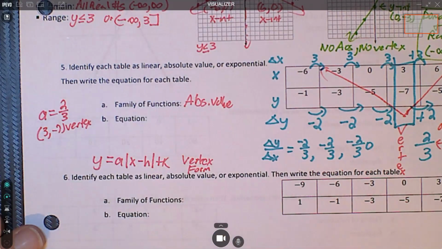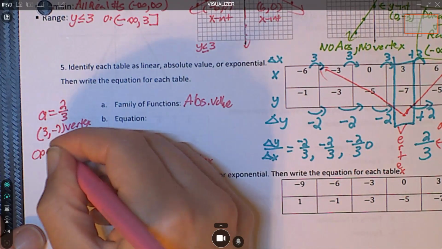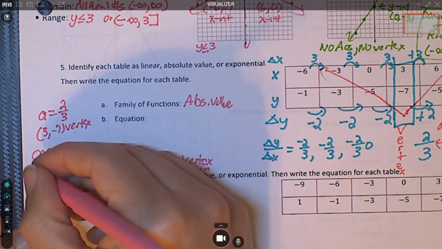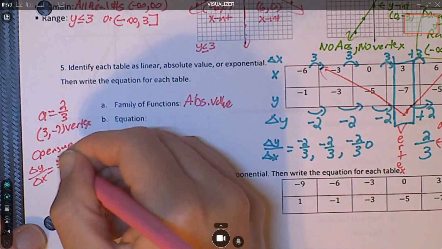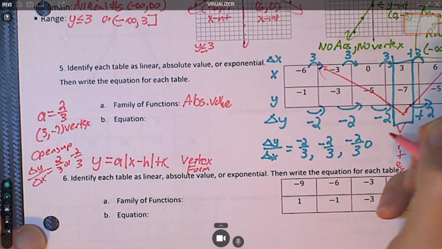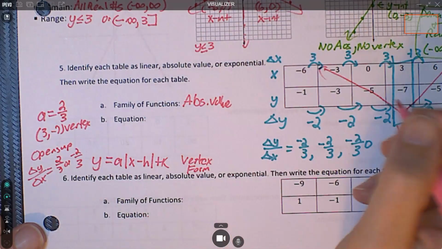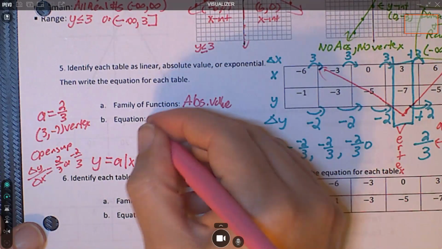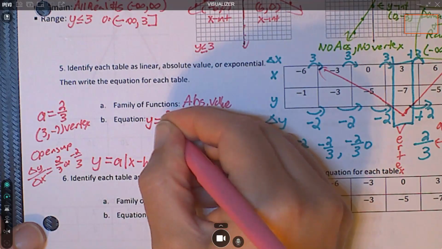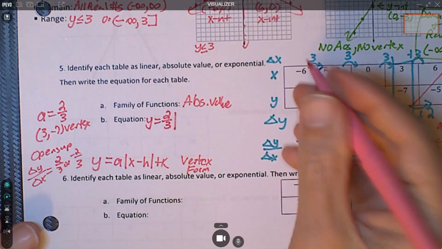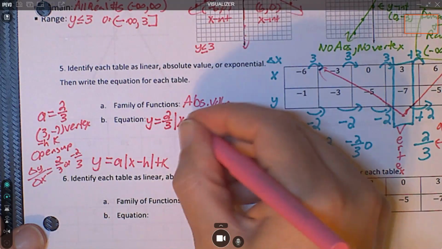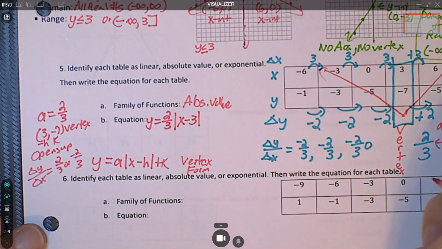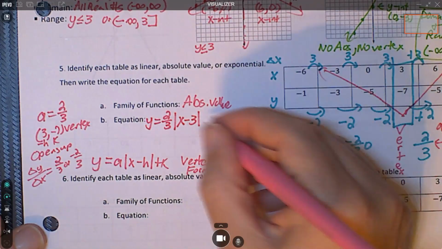That's the point at which it changes direction. We know it opens up. We know the change in y over change in x is going to be 2/3. So here we go. Y equals 2/3, opposite HK. So I've got to do the opposite of +3. And that one stays the same.